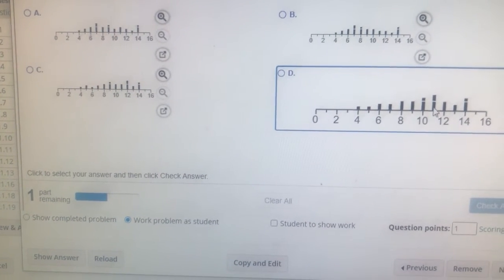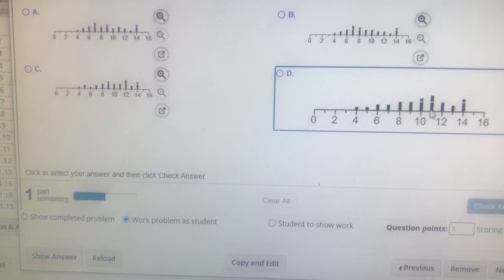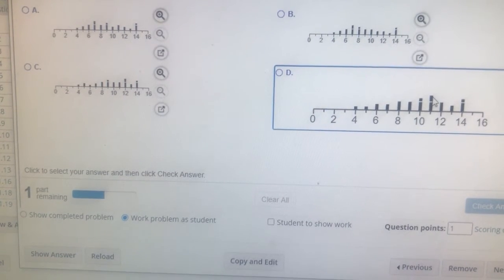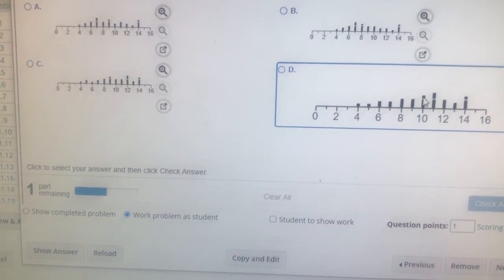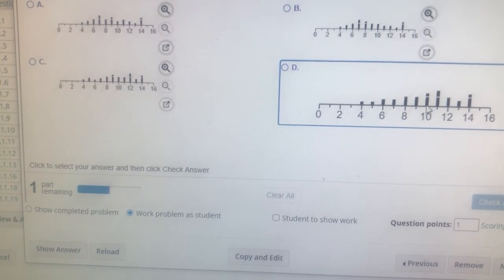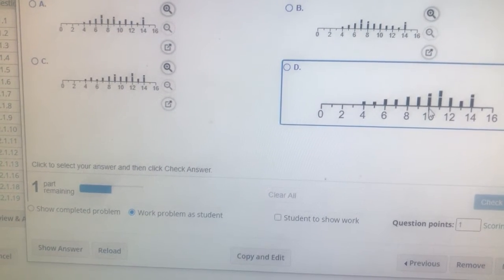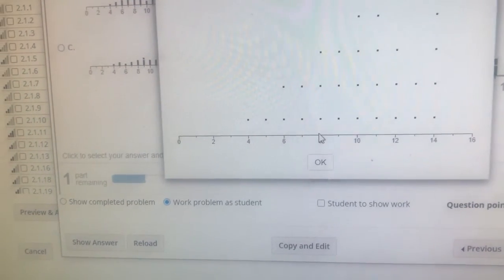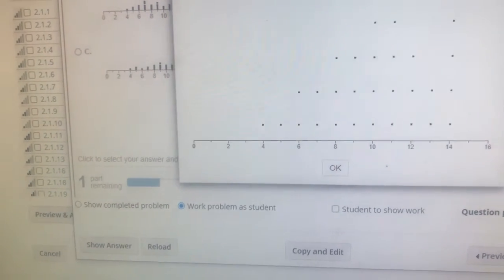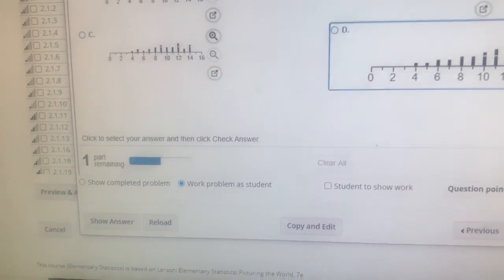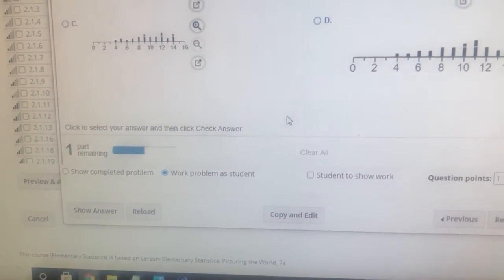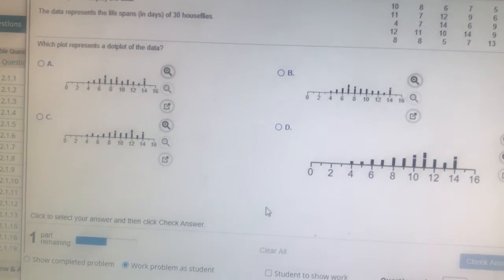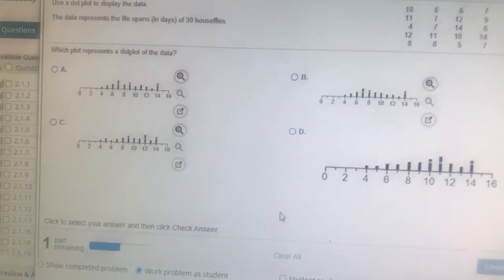And so what this tells me is that this big bar right here is worth 3, and then this bar is worth 2. This bar right here is only worth 1. So you got this bar here, this is 3, and then 1, that'd be 4. You can see a little bit better on that. It makes more sense. Okay, so again, we just want to compare the 4 graphs and see what's different on them.